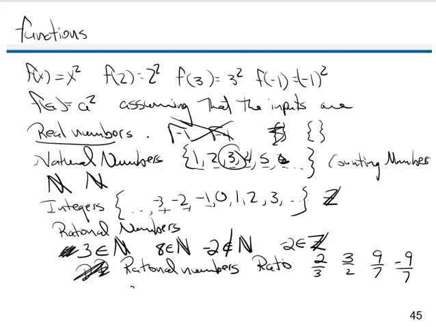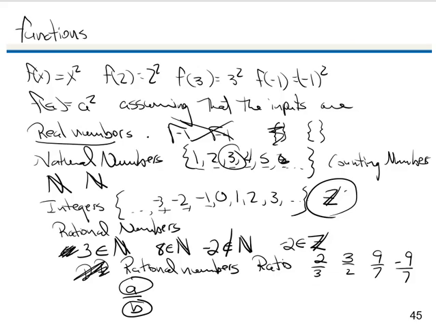So we mean anything of the form a over b, where a and b come from Z. So a has to be in Z, and b has to be in Z. Anything that can be expressed like that is called a rational number.